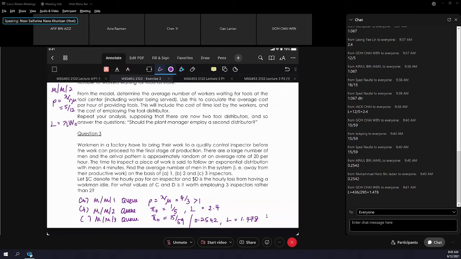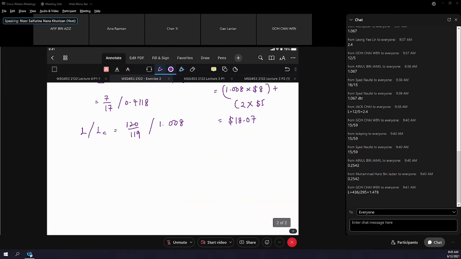So what you have to do here: you have C, the hourly pay for your inspector. And then what you have to calculate next is your hourly loss if you have 3 inspectors instead of 2.